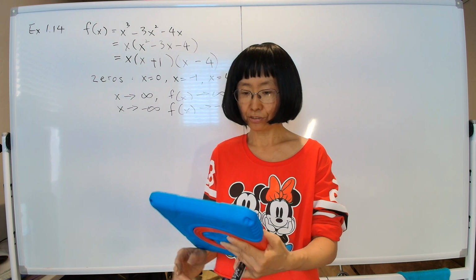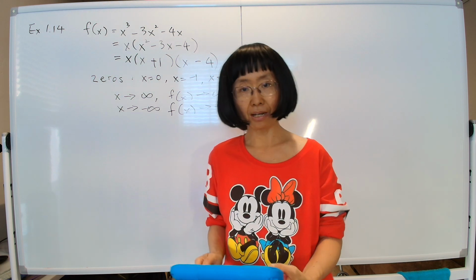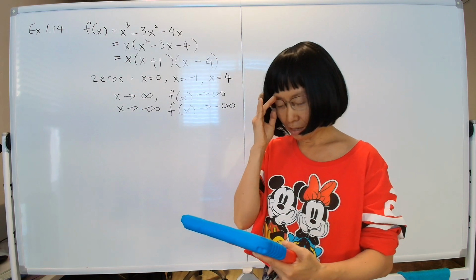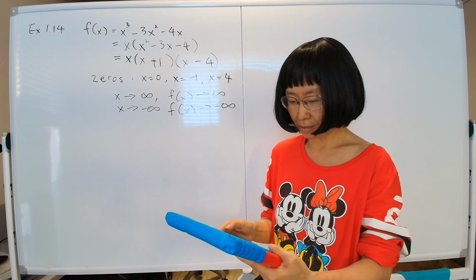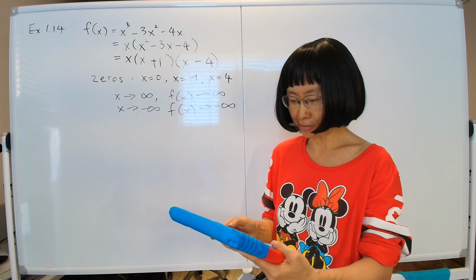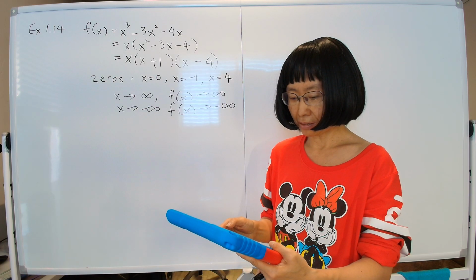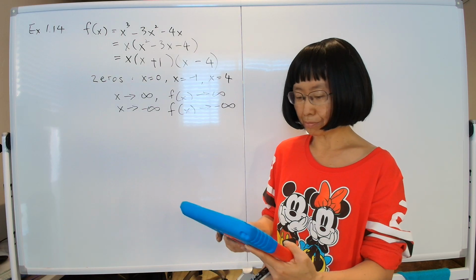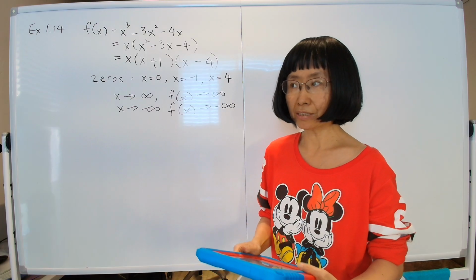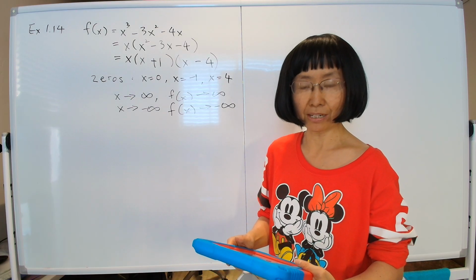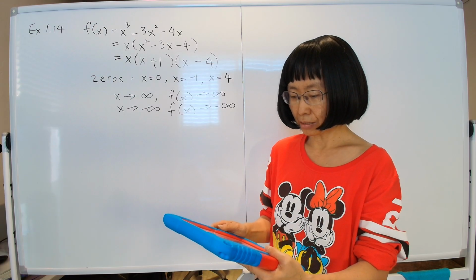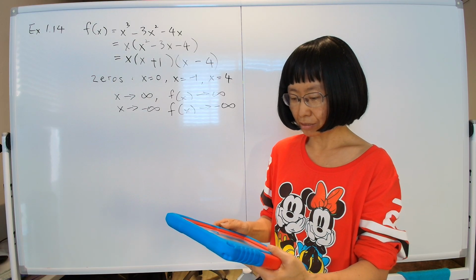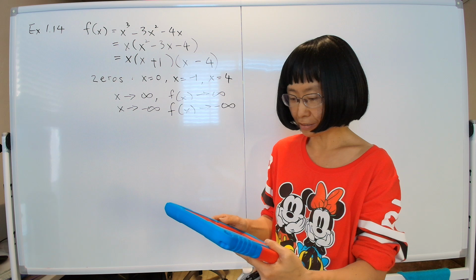Let's move along to algebraic functions. Algebraic functions are functions that are not really polynomials, such as the rational function. The word rational means ratio, that is fractions, or the root function, where you take a square root, cubic root, or some other kind of root.